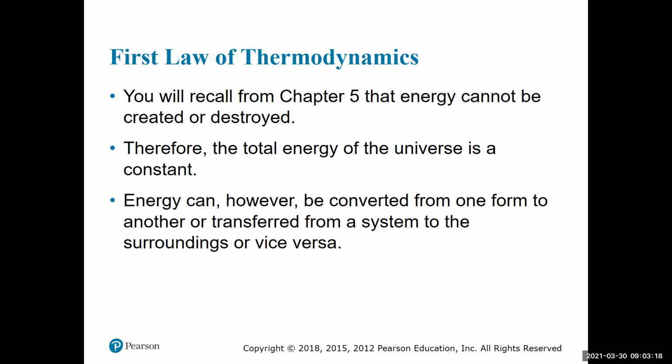What you can do, however, is convert energy to different forms. You can transfer it from a system to the surroundings, or from the surroundings to the system. So basically, while you can't make or destroy energy, you can move it around and put it in different forms. And that's what we said was the first law of thermodynamics.